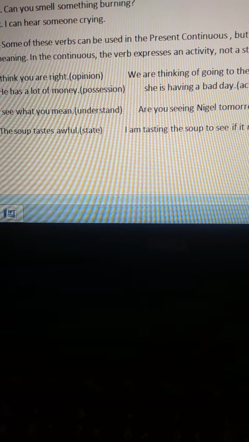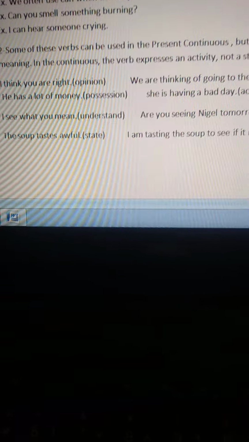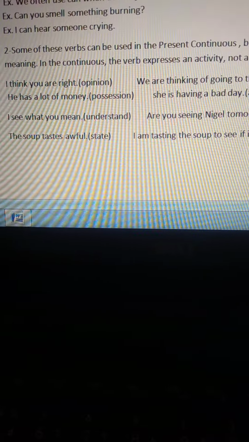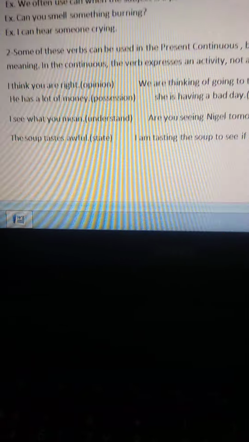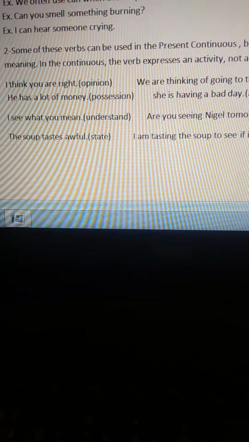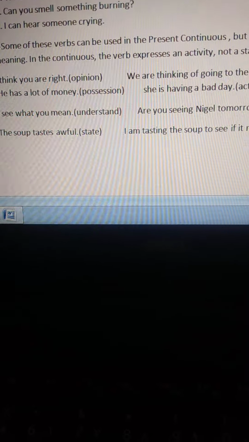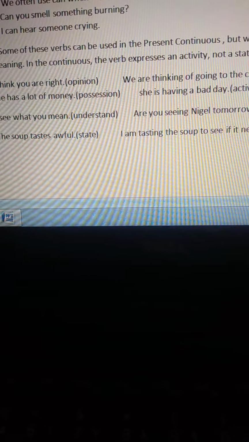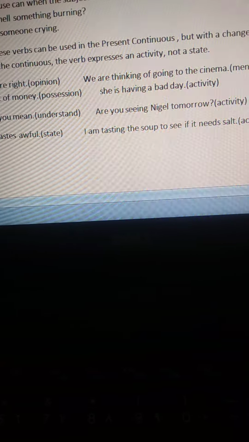The soup tastes awful. State. Repeat. The soup tastes awful. State. I am tasting the soup to see if it needs salt.